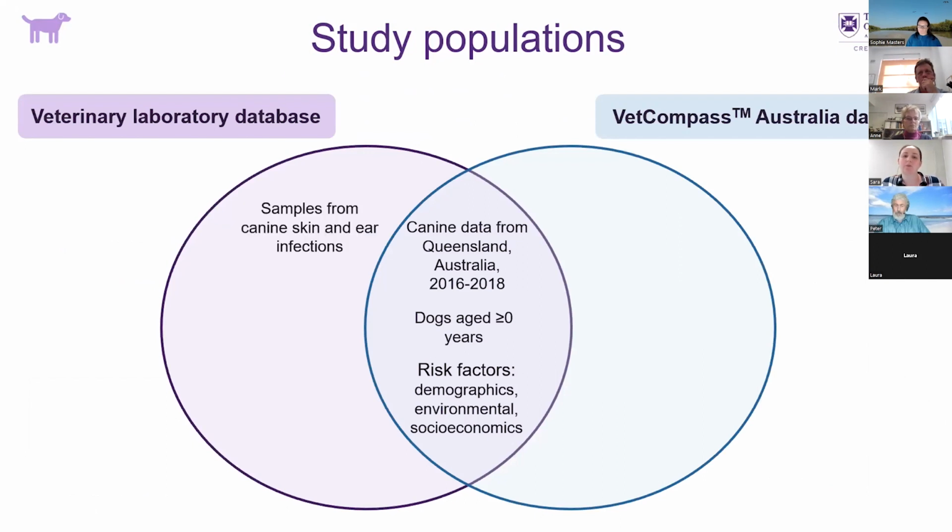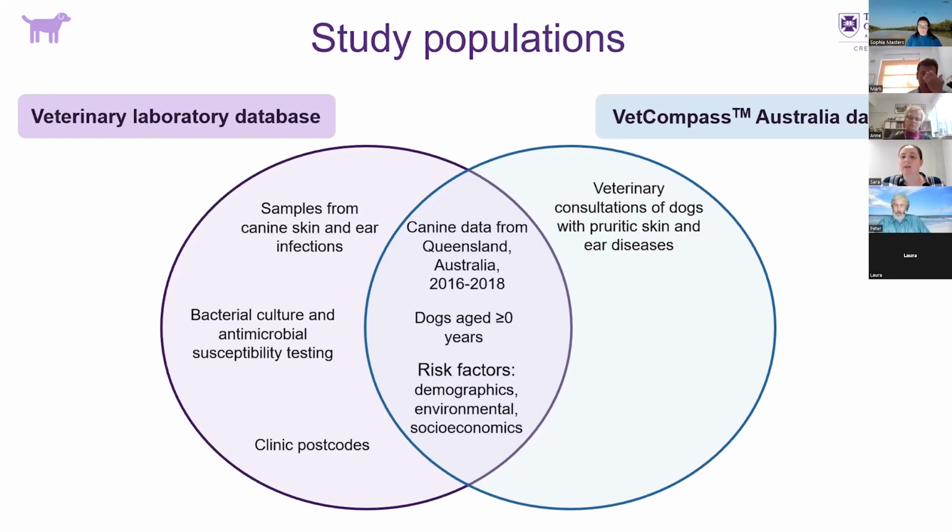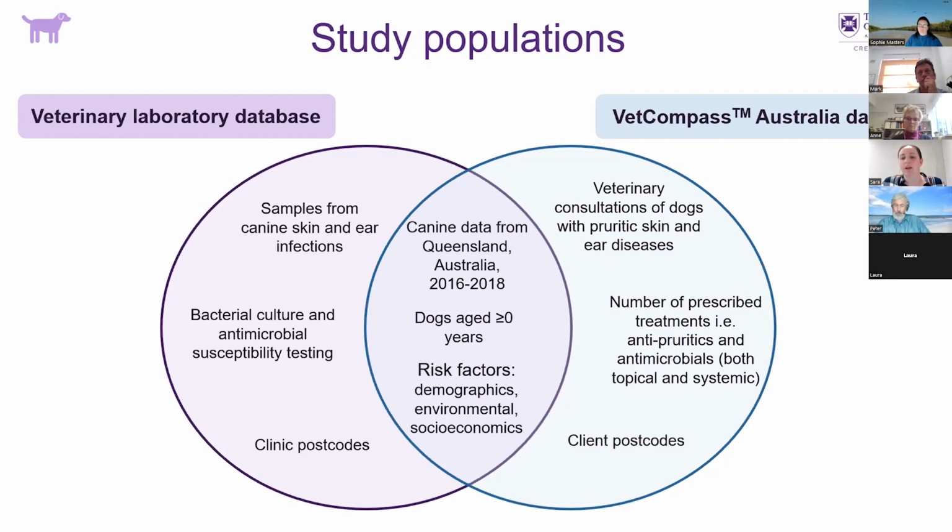The laboratory database includes samples from canine skin and ear infections, bacterial culture and antimicrobial susceptibility testing results, and clinic postcodes. The VCA database is veterinary consultations of dogs with pruritic skin and ear diseases, the number of treatments prescribed, both topical and systemic for anti-pruritics and antimicrobials, at client postcode level.